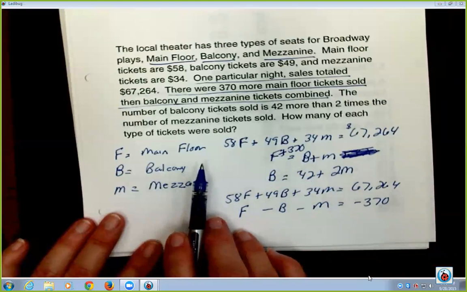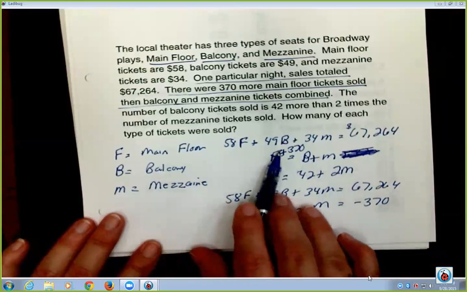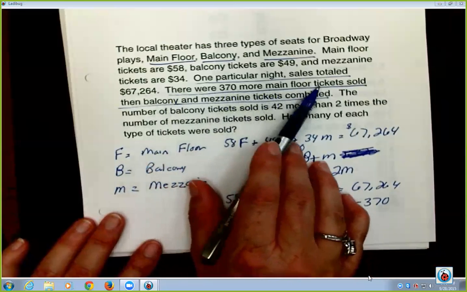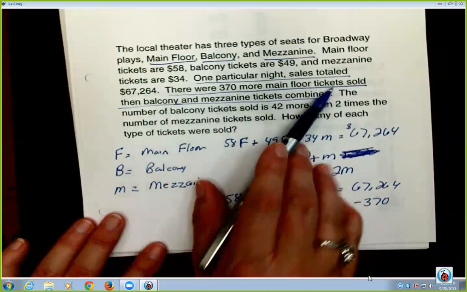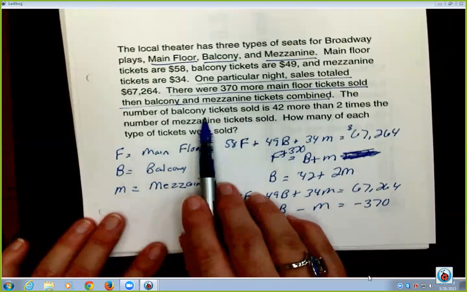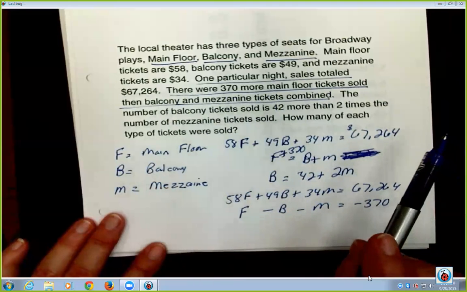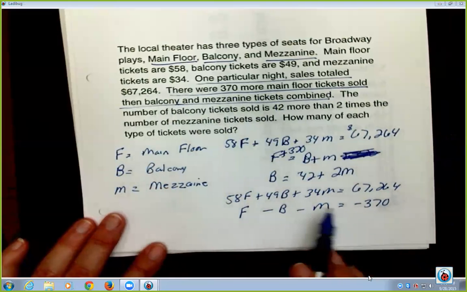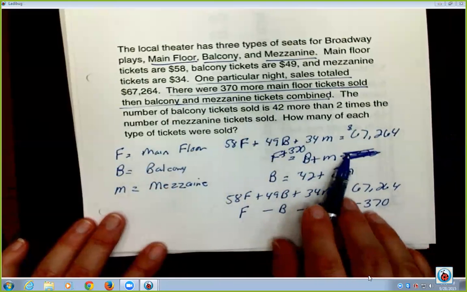No, because if you had the main floor here, there were 370 more main floor tickets, meaning that I had 370 more of those tickets than I had of these guys with the balcony ones. But when I move the 370 over, you're getting what you're talking about because you're going to have 370 less.